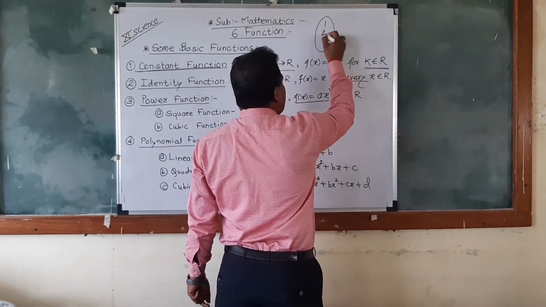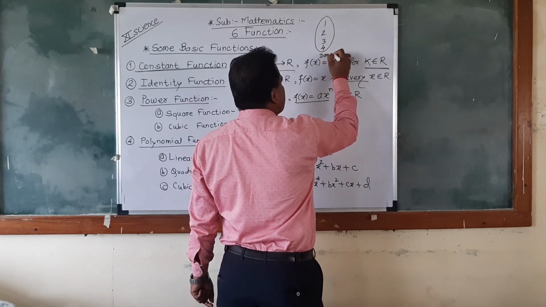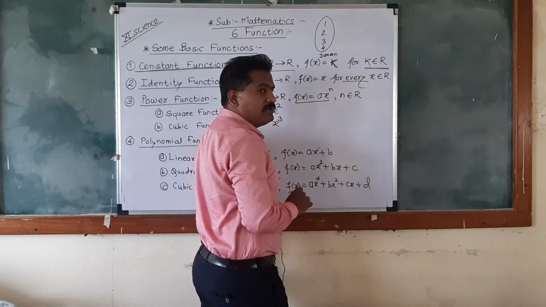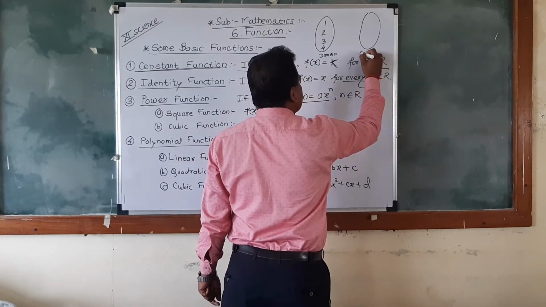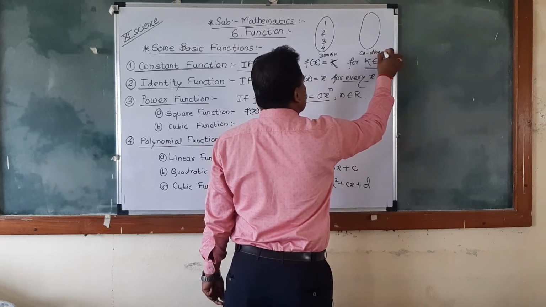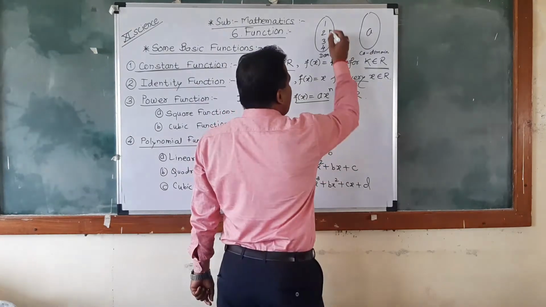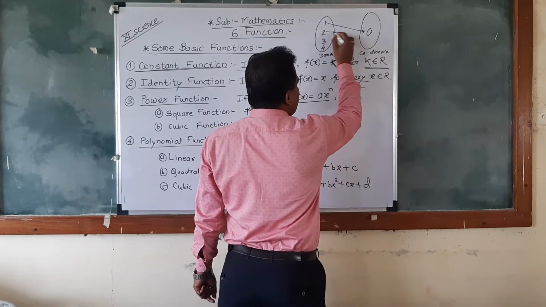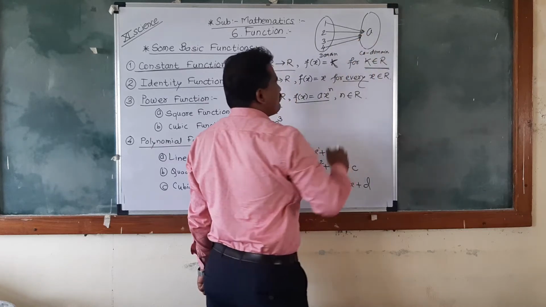If we take elements in the domain, 1, 2, 3, 4, and an element a in the codomain, 1 maps with a, 2 maps with a, 3 maps with a, 4 maps with a.